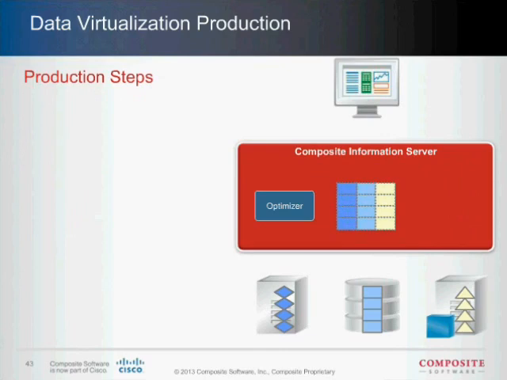In this case, the optimizer brings data in from multiple sources and then delivers that to the client in the form that was created in this view. This optimization is probably the key point for the data virtualization platform, so that you can get up-to-the-minute data with performance that meets your needs, and you have not had to move the data into a single location.